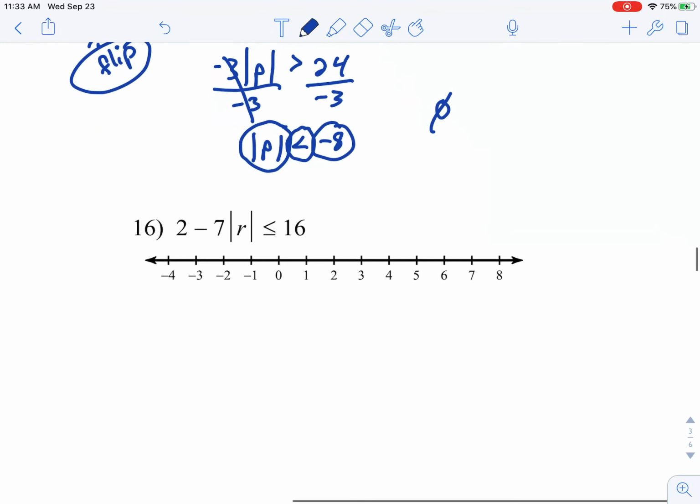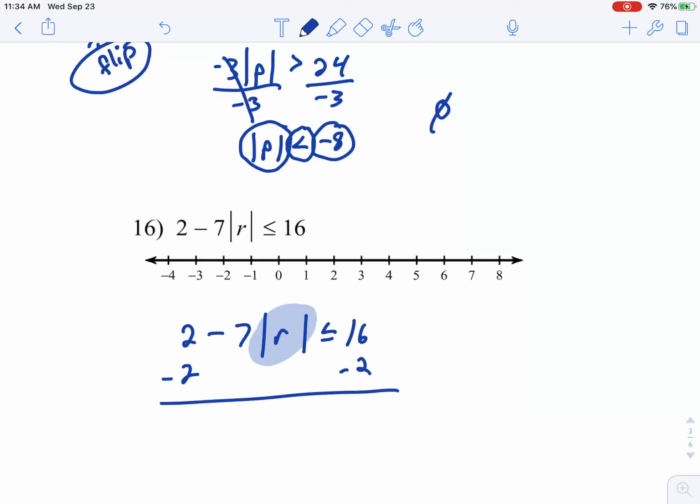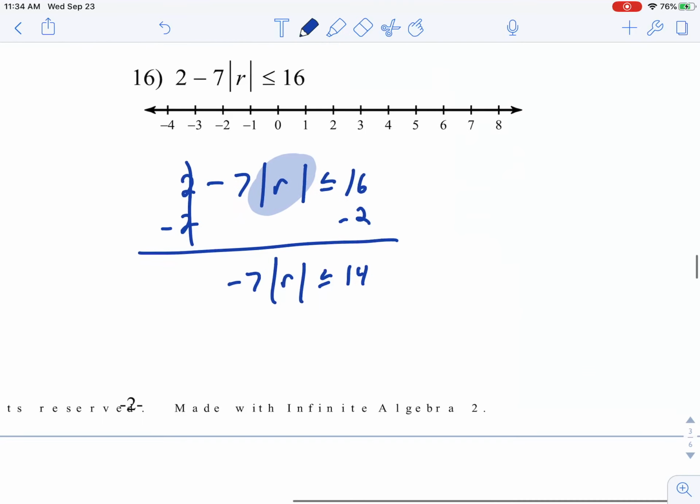All right, number 16, and we are done. Okay, so we need to isolate the absolute value part. So the first thing we're going to do is subtract 2 on both sides. -7 absolute r is less than or equal to 14. Divide both sides by -7 since that's times. Cancels out.